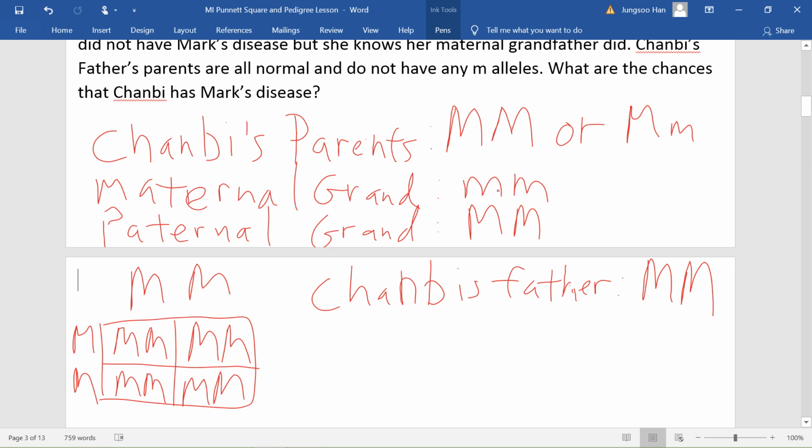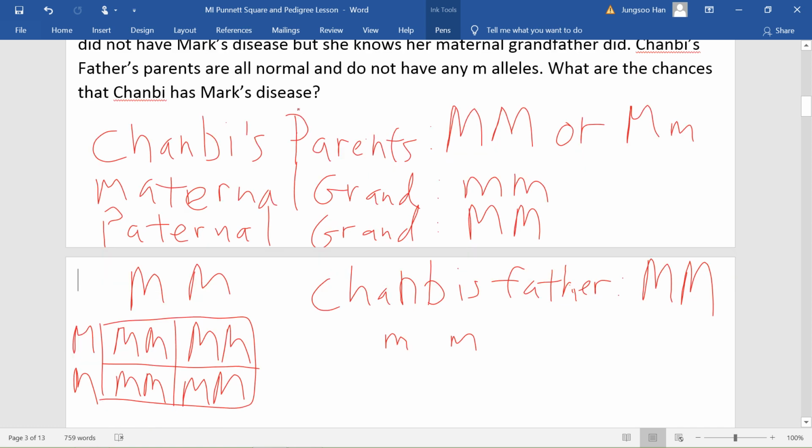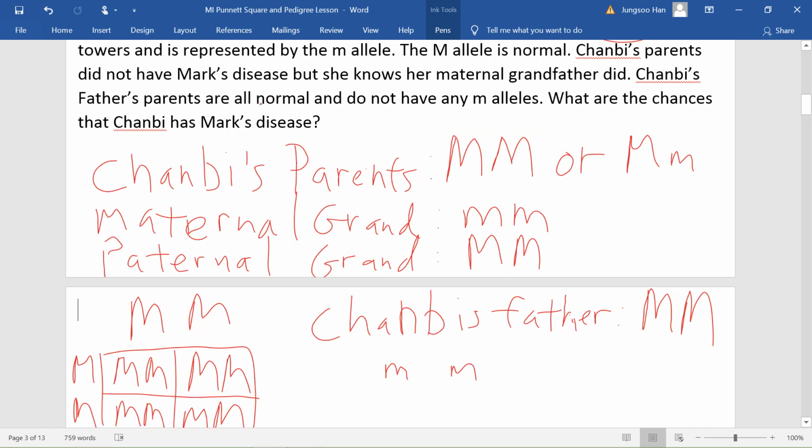So for Chambi's mother, her parents, it says her paternal grandfather had Mark's disease, right? So he's little m, okay? We don't know what her grandmother on her mom's side, her maternal side, what the alleles are, okay?